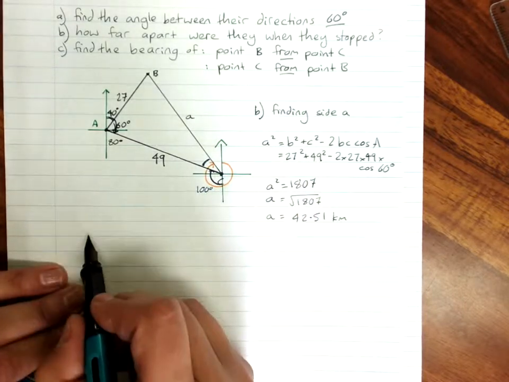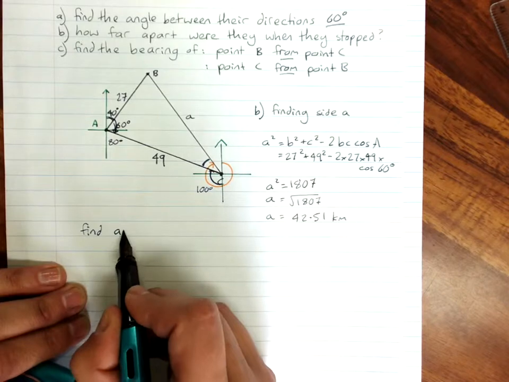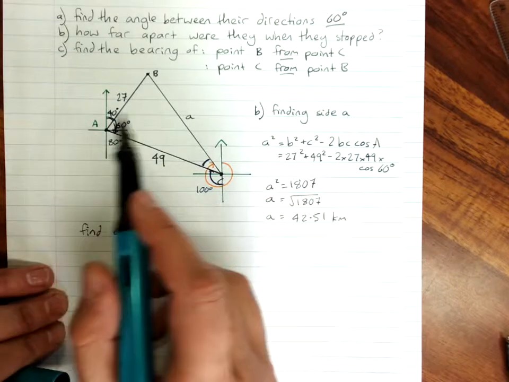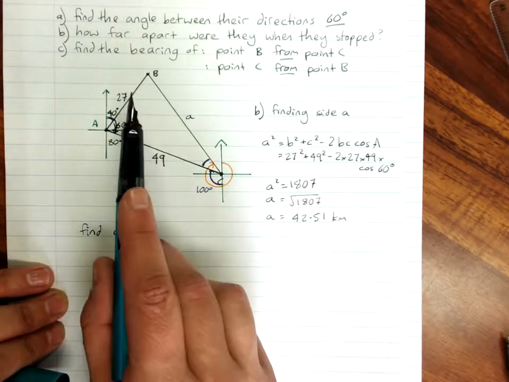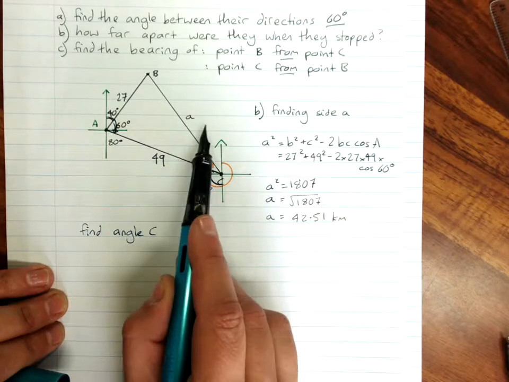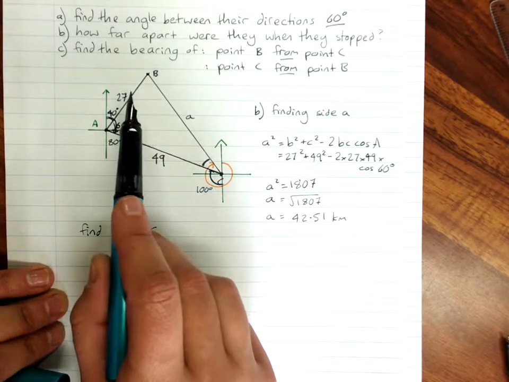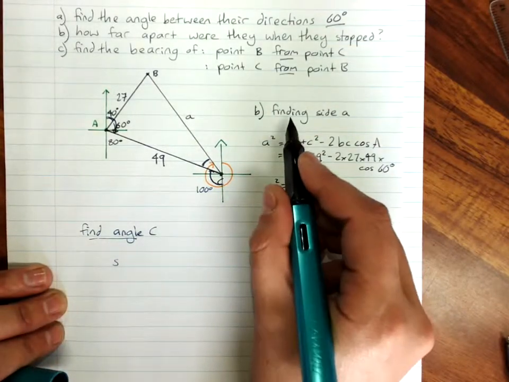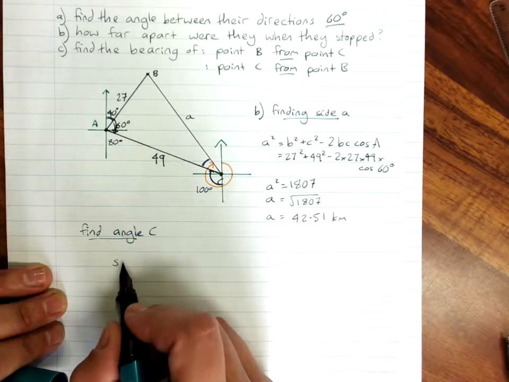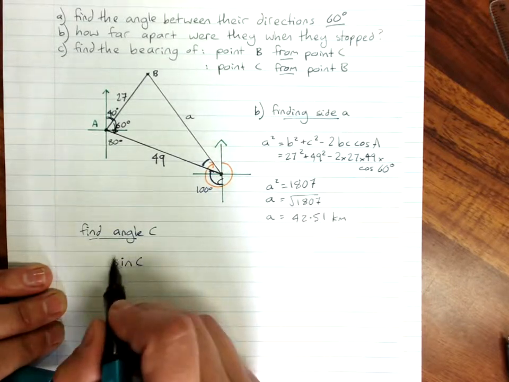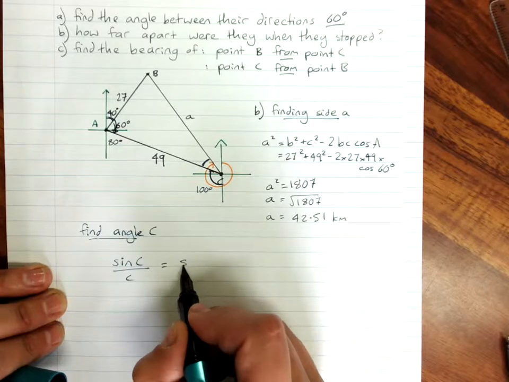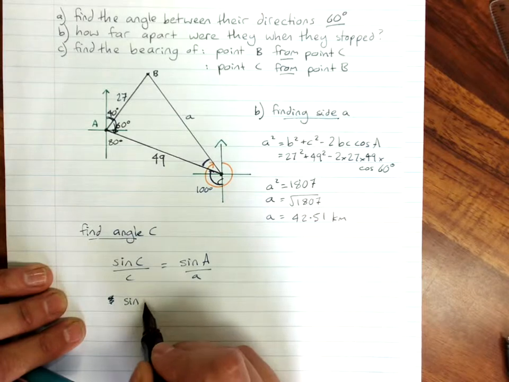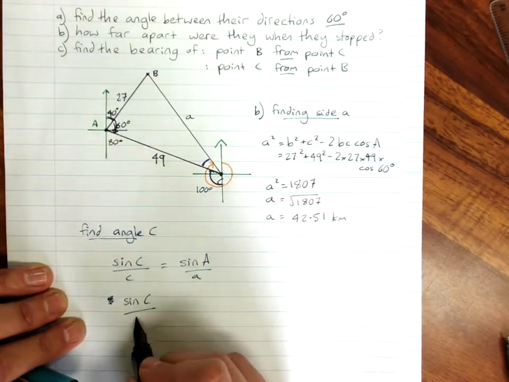So my next step is going to be finding angle C. If you needed to, you'd draw the triangle, but I've got a side and an opposite angle, and I want an angle and I've got an opposite side, so I can use the sine rule. Notice how I say what I'm doing each time to keep my working really organized. Sine of C, starting with what I want, over C, equals sine of A over A. Substitute your values in. Side C, 27.